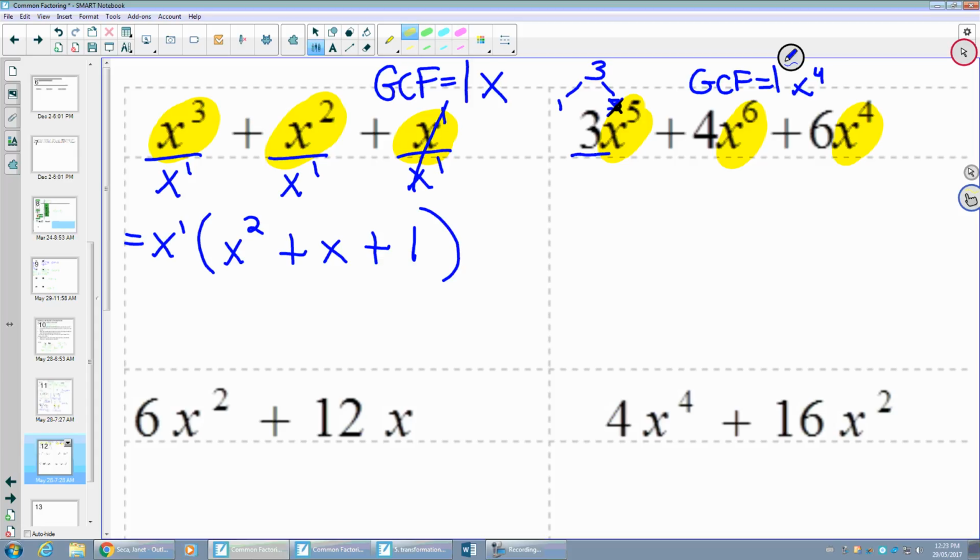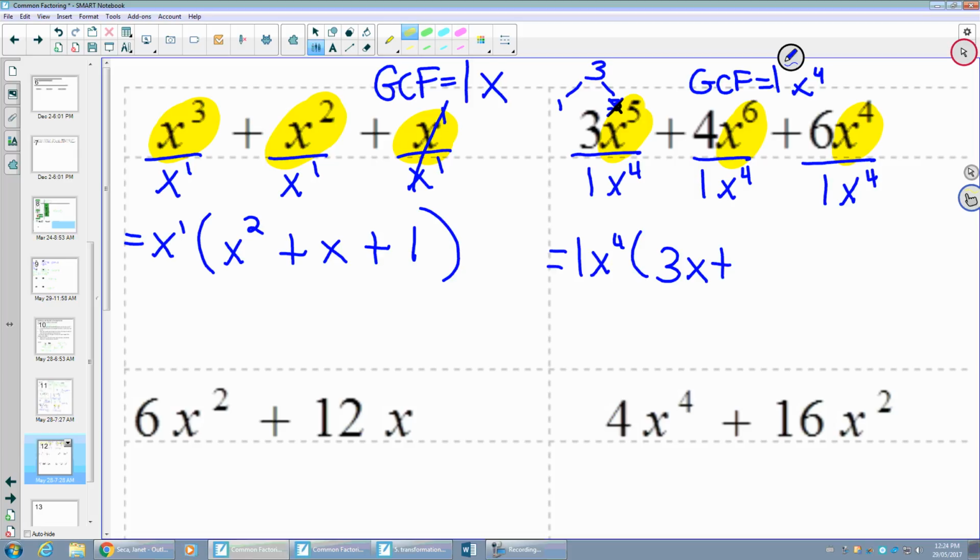So I'm going to divide by 1x4. Okay, so I write my greatest common factor out, 1x4 bracket. My next line, it's 3 divided by 1, which gives me 3. x5 and x4, so 5 minus 4 gives me just 1.